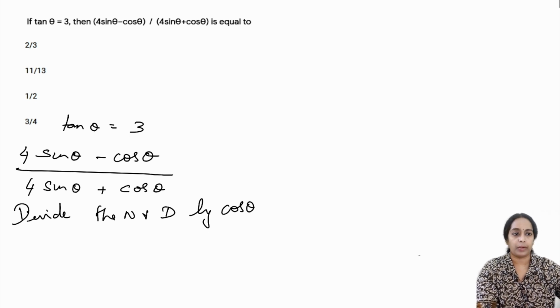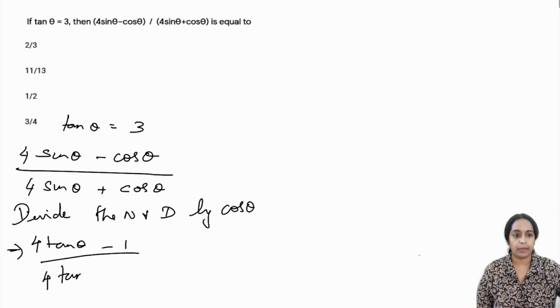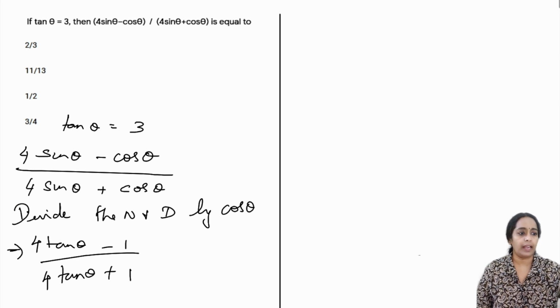So when we divide, we will get 4 sin by cos is tan theta minus cos theta by cos theta is going to be 1, divided by 4 sin by cos is again tan theta plus cos by cos is 1. So now tan theta value is given in the question. The question says tan theta is 3.